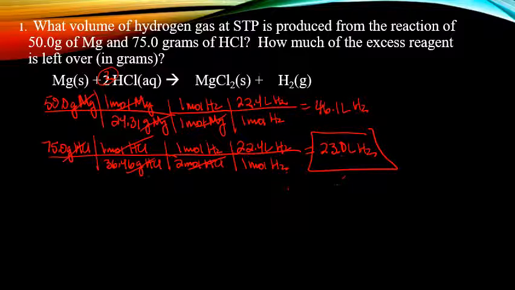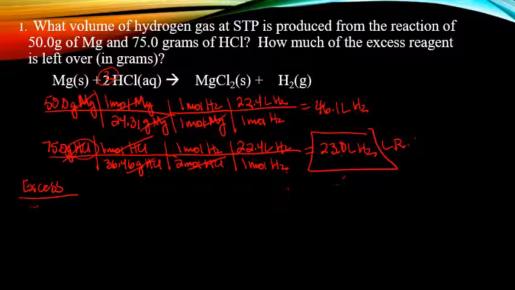But we have a second part of the problem. So I have how much of the excess reagent is left over in grams. So what I want to do, and again, there are multiple ways you can go about solving these problems, but to solve for that excess, I'm going to take the limiting amount that we started with, the 75.0 grams in this case, because that is my limiting reactant for the HCl.